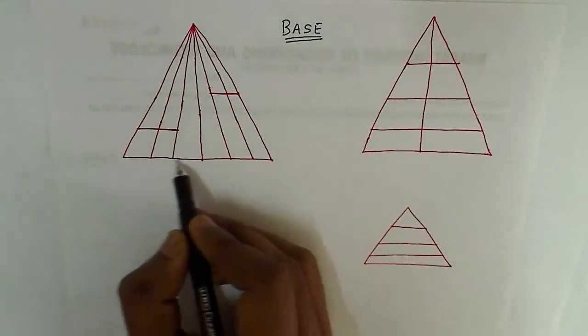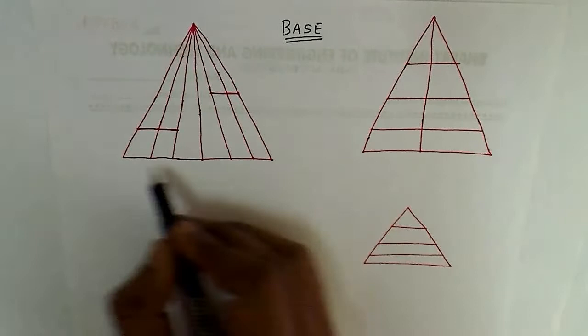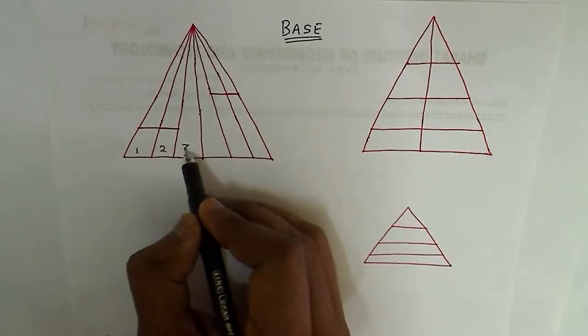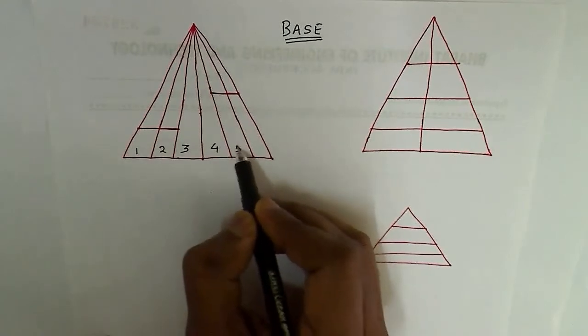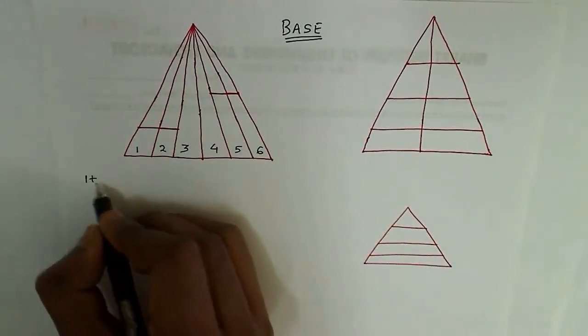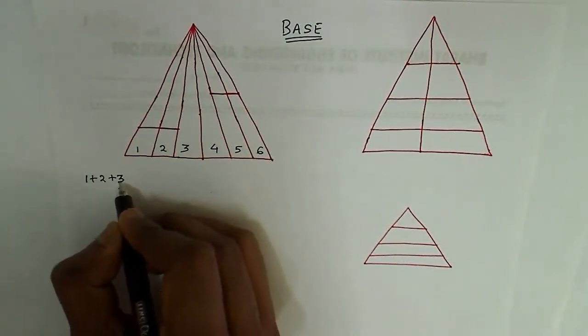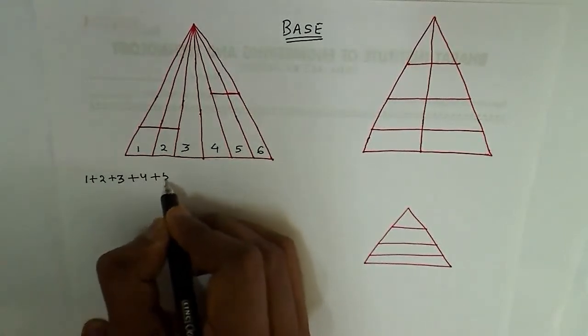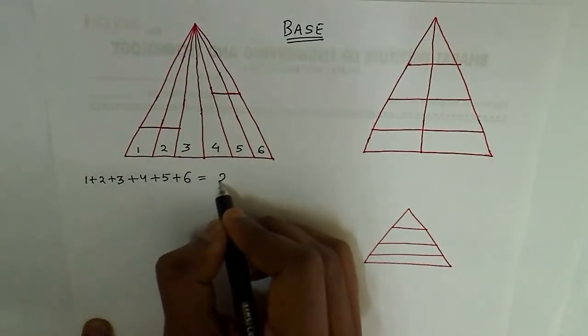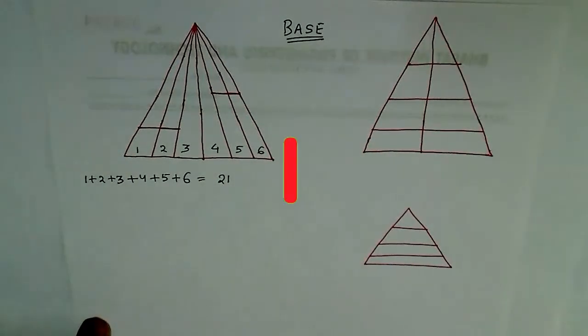This is one base. How many triangles are there on this base? This is 1, 2, 3, 4, 5, 6. So I'll write 1 plus 2 plus 3 plus 4 plus 5 plus 6, and if you add all these, you will get 21.